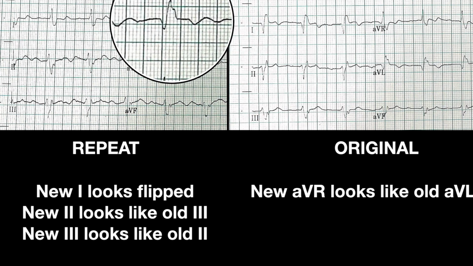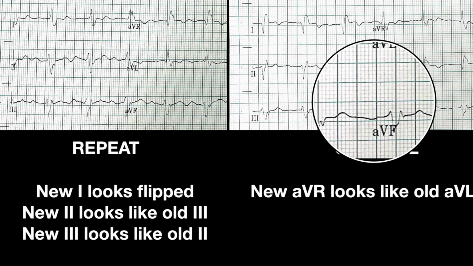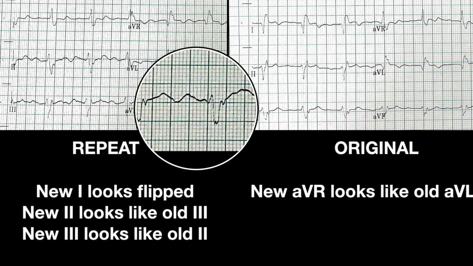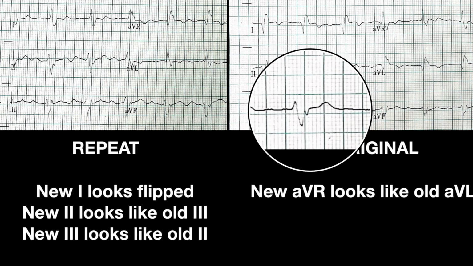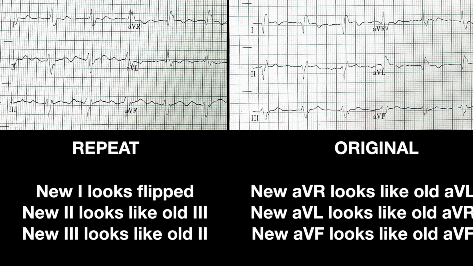And then AVF, little hump, negative complex, little hump, still looks kind of the same going side to side. So AVL and AVR seem to have switched, and AVF looks kind of the same.